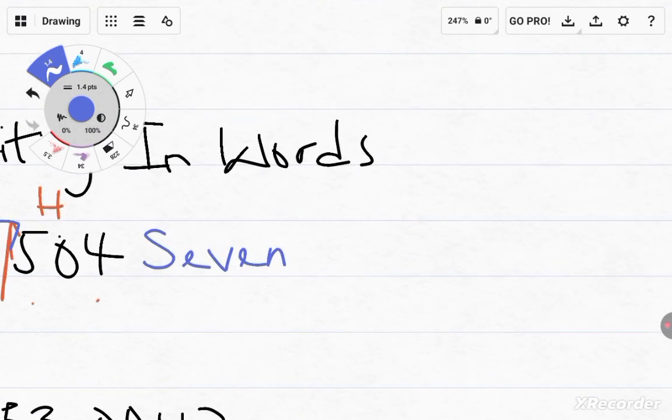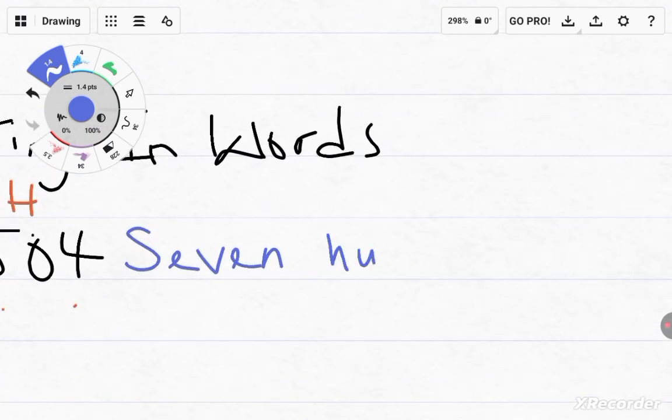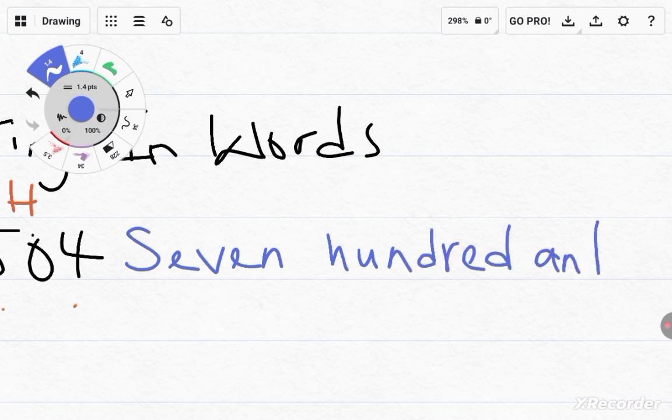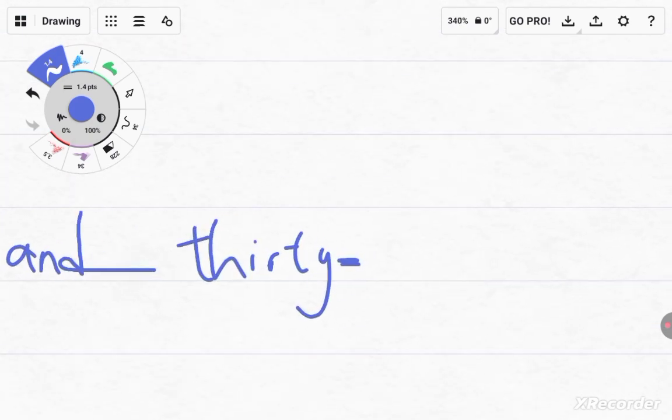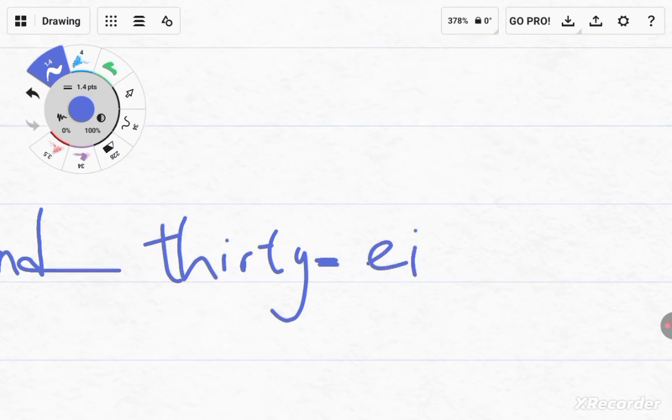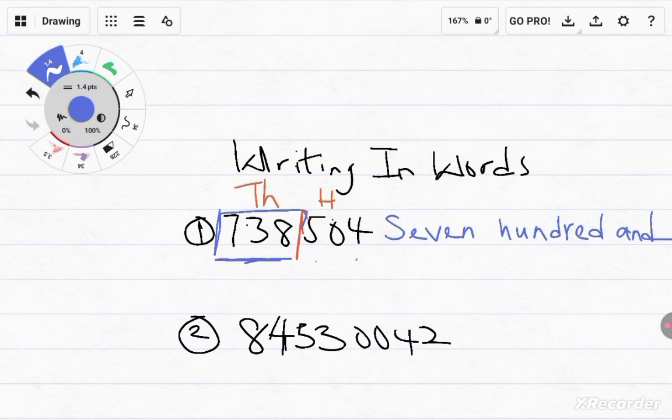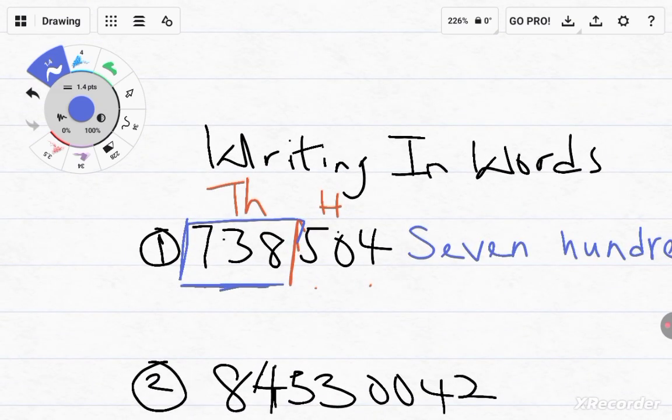738 is what? 700 and 38. Now, the next thing you want to do after you have written that group in words is you look at the labeling of that group.